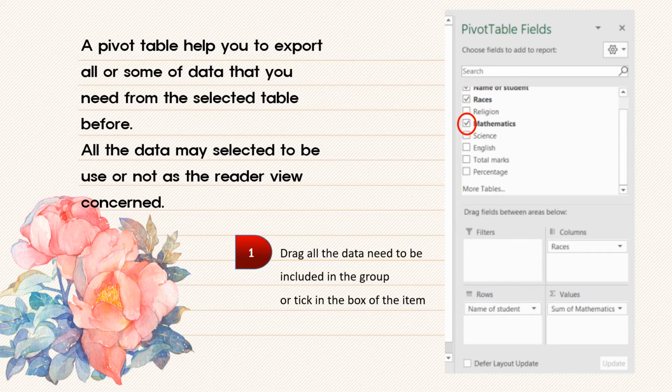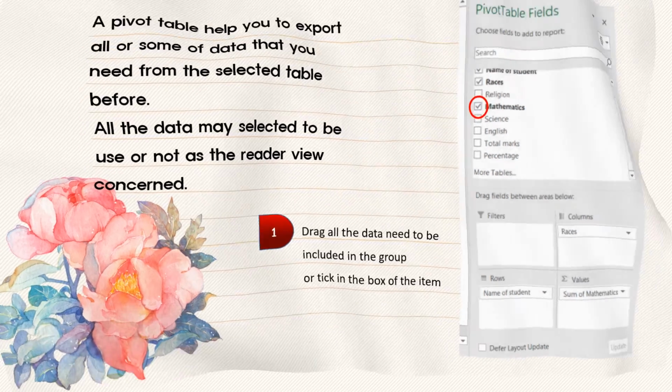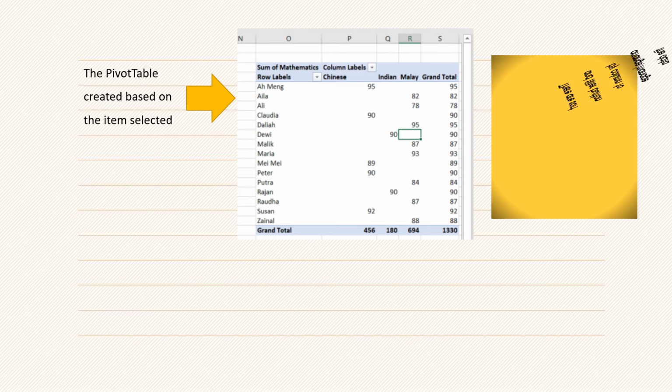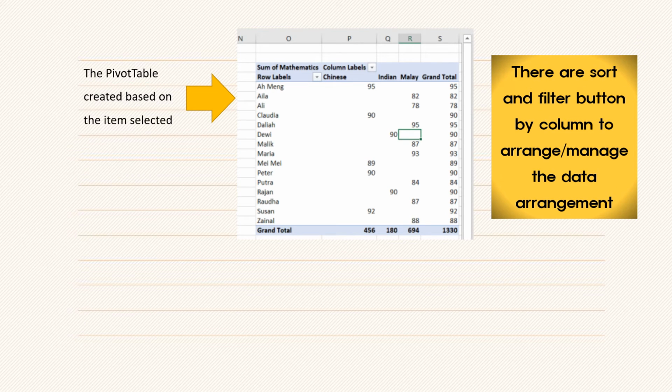Whatever data you drag, the table will create it for you, or you just tick the item and it will be included automatically. The pivot table is created based on the items selected.